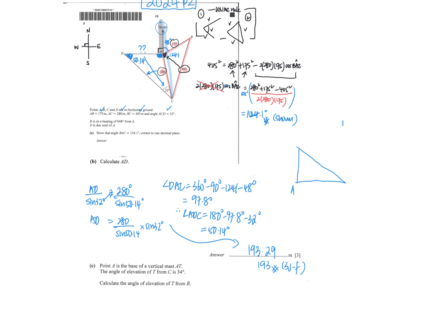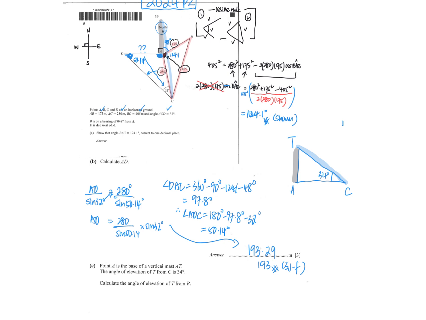This is A, this is T. This is C. So the angle of elevation from C is 34 degrees.